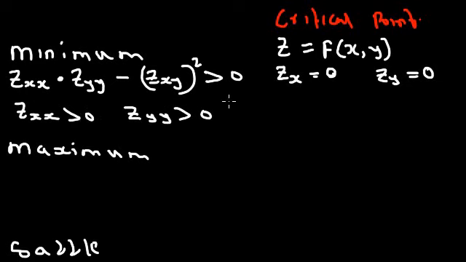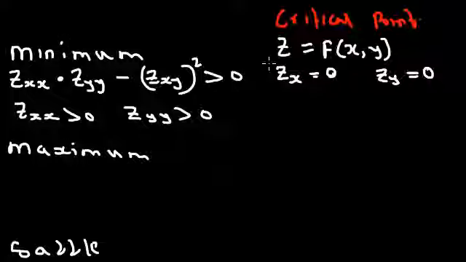So what does this mean? It means having gotten your critical points, you take the second partial derivative of the function z with respect to x. Then you also do it for y. Having done that, you multiply them.